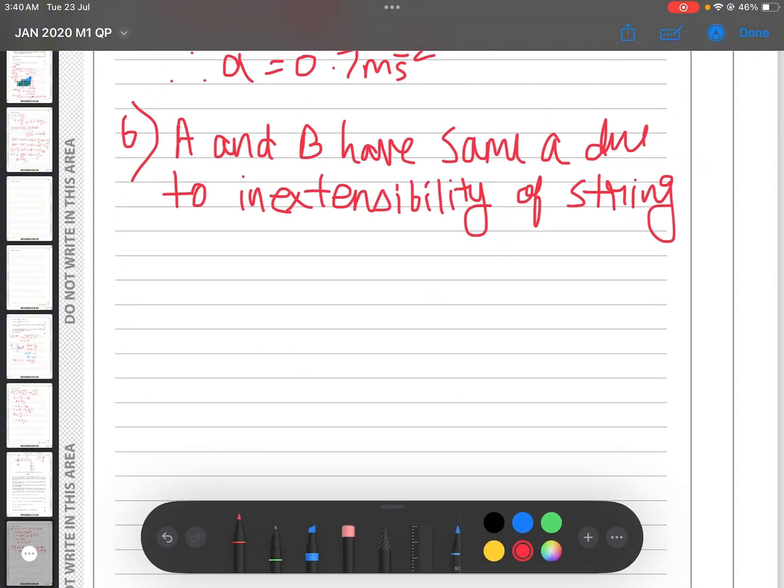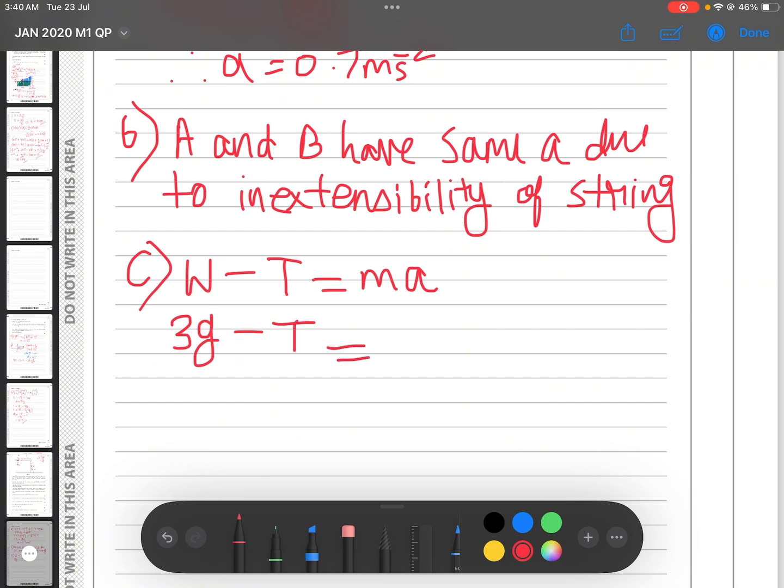Here, part C. So we say that weight minus the tension is going to be equal to MA. So the weight was 3g minus the tension, which we are searching for, and the mass was 3, and the acceleration we found in part A was 0.7.